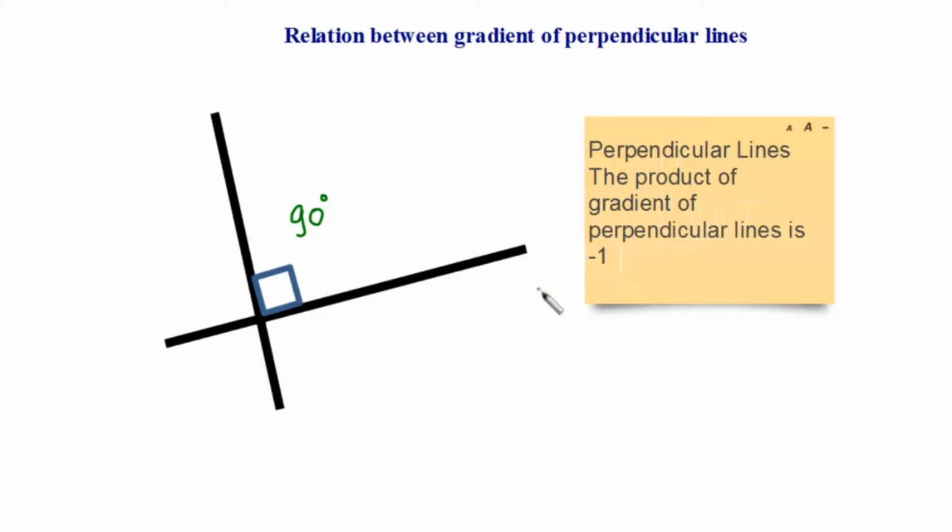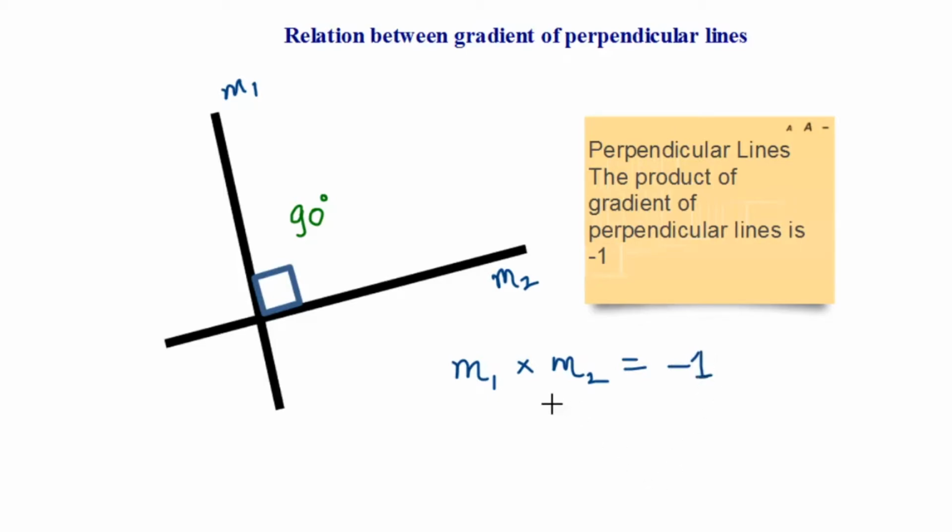Let's understand what that means. For example, the gradient of this line is equal to m1 and the gradient of the line perpendicular to it is m2. Then the product of these two gradients, that is m1 multiplied by m2, is equal to -1.